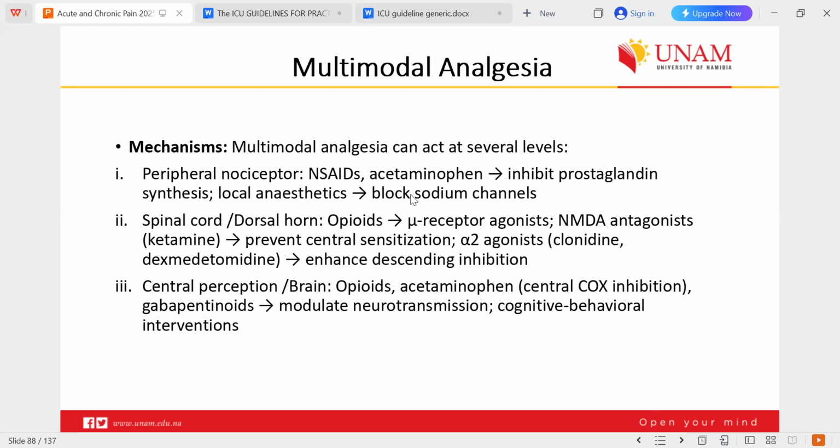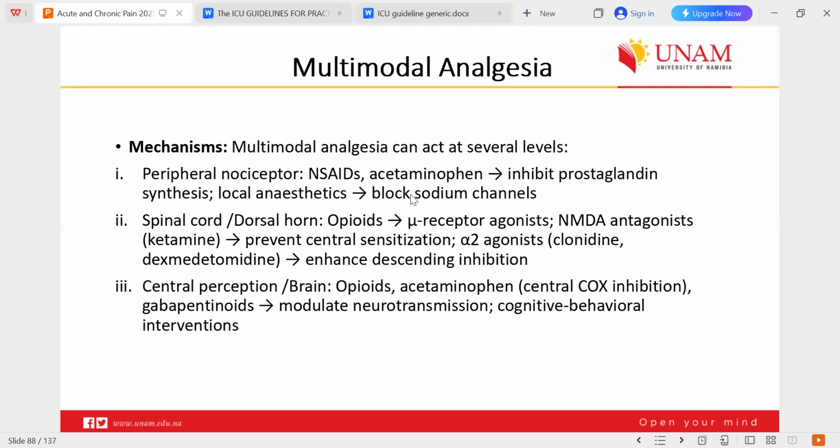Okay, so multimodal analgesia, like we said, can act at different levels. NSAIDs and paracetamol act at the peripheral nociceptor site, where they help to inhibit the production of prostaglandins.